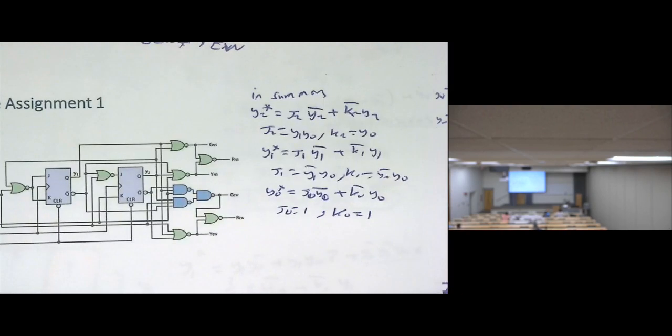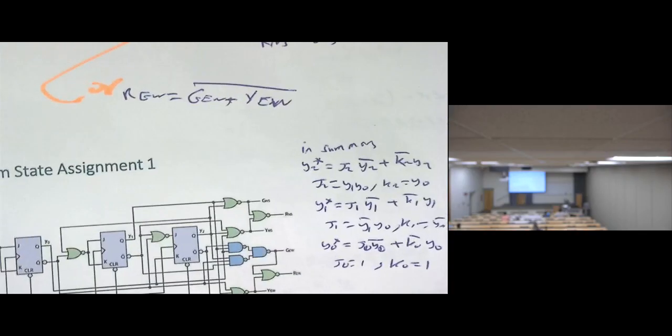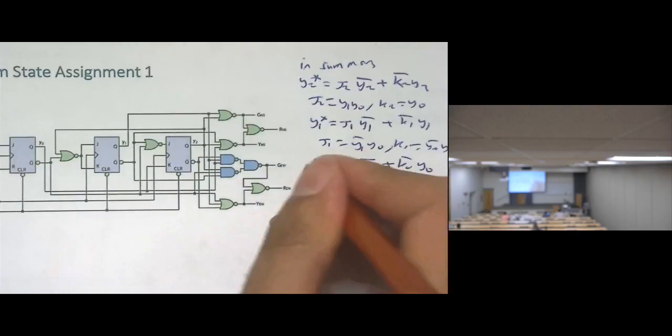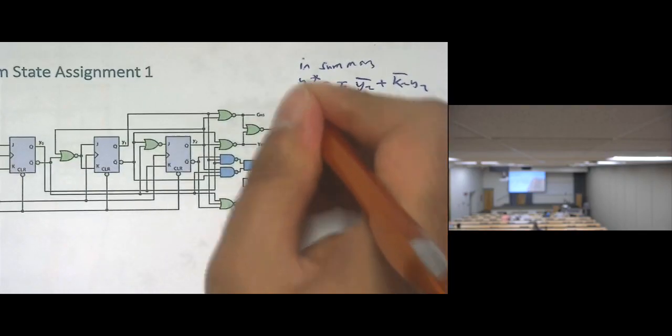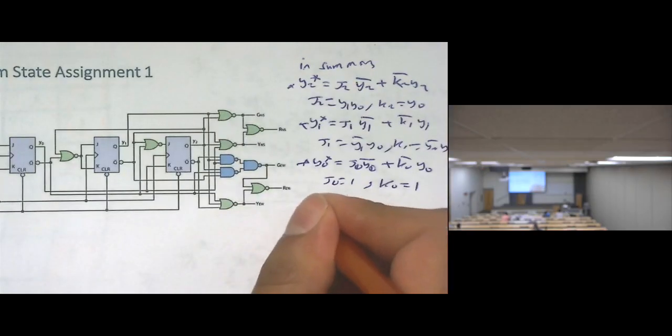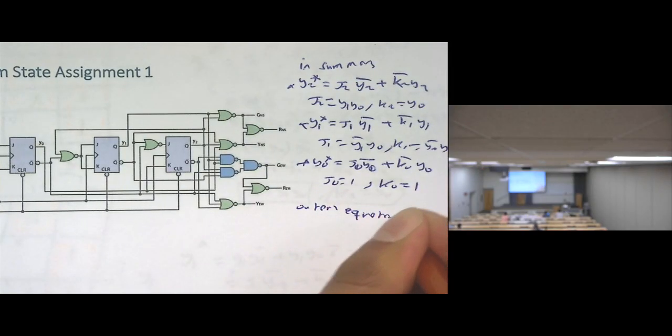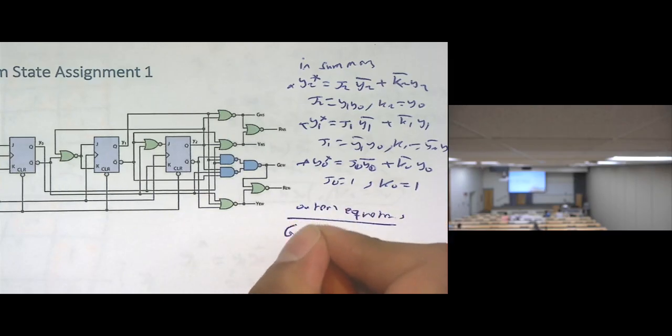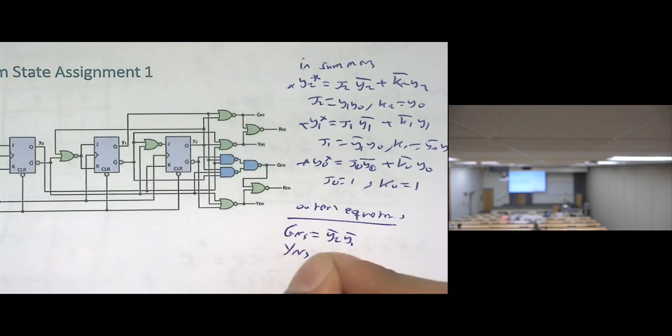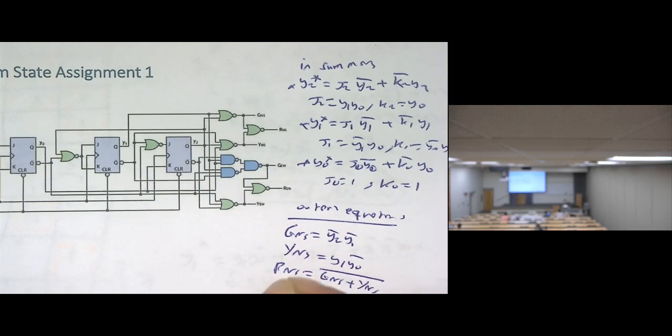Then the last step is writing the output equations, which are: G north-south equals Y2 bar Y1 bar, Y north-south equals Y1 Y0 bar, R north-south equals G north-south plus Y north-south, all bar.